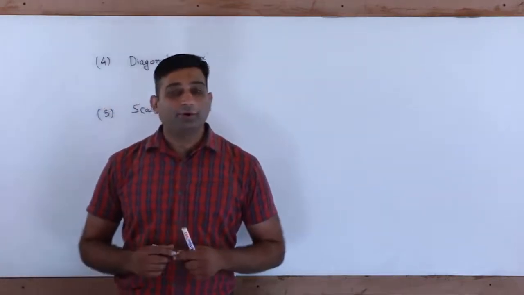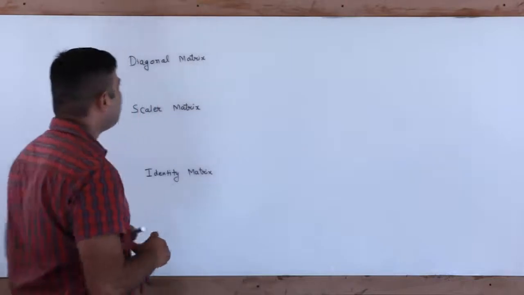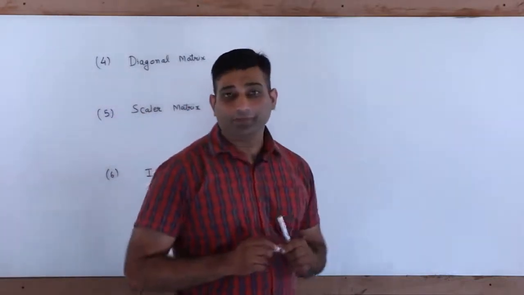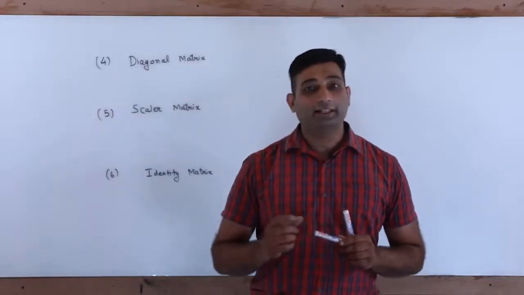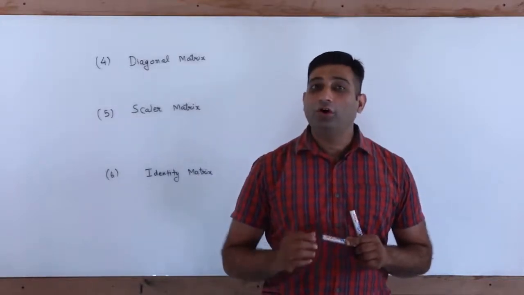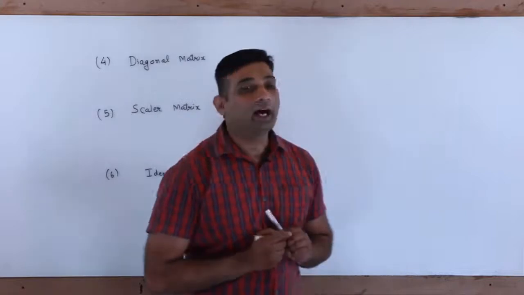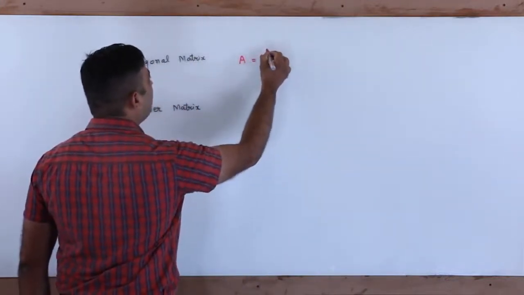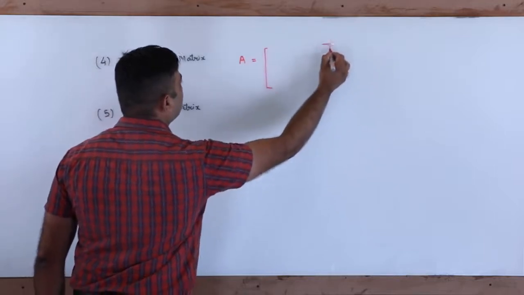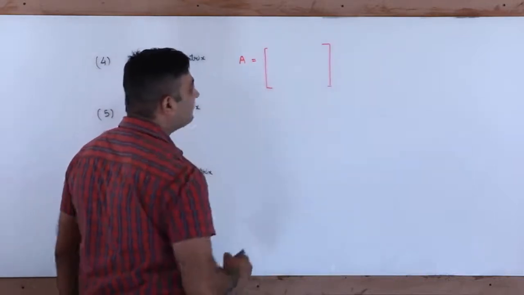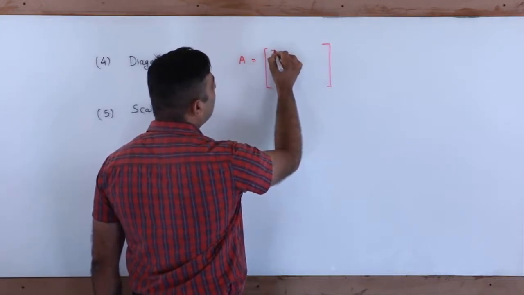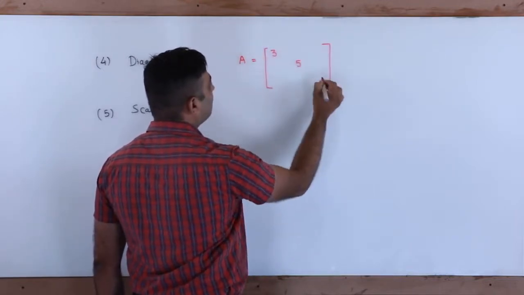Now, let us discuss about the fourth type of a matrix, that is diagonal matrix. Every square matrix A is said to be a diagonal matrix if all its non-diagonal elements are 0. Let us take an example. If the matrix A has 3 rows and 3 columns, then let us first put the elements in the diagonal.